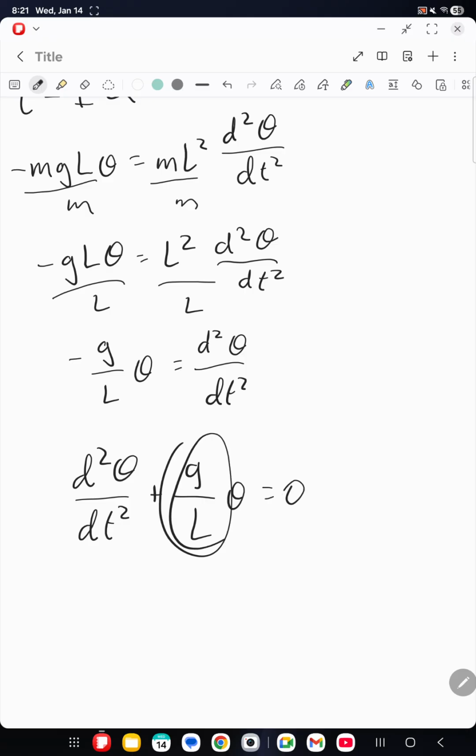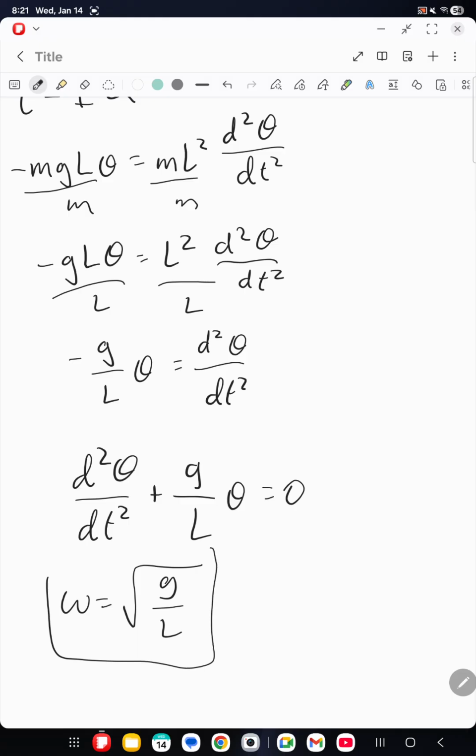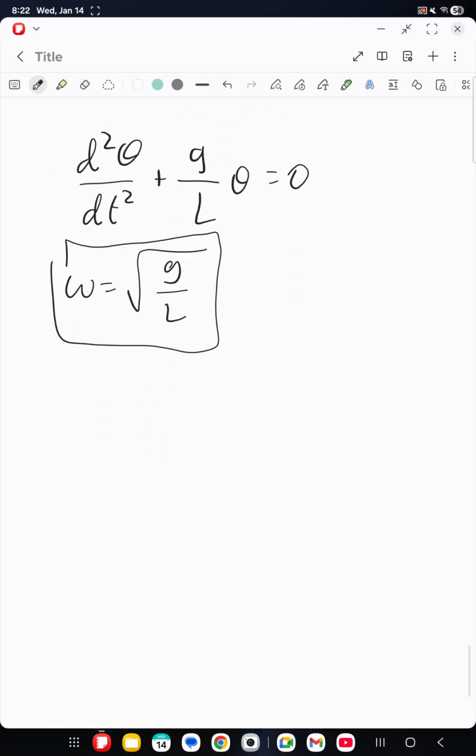And so we can see here that basically k over m has been replaced by g over L. So our angular frequency is now the square root of g over L. For a pendulum, this is the angular frequency.